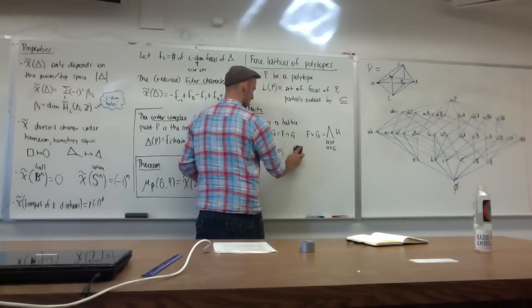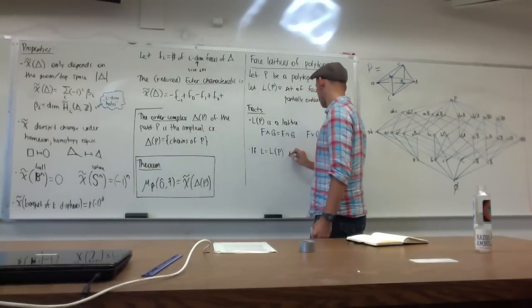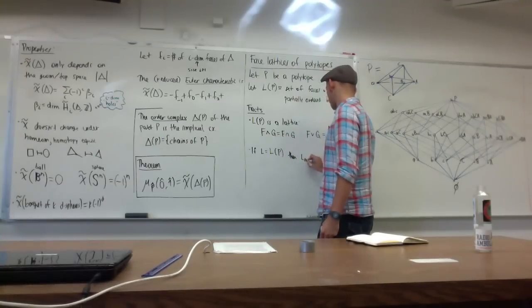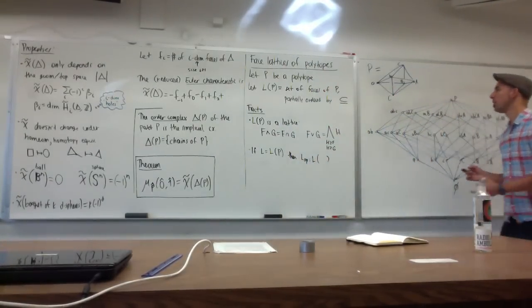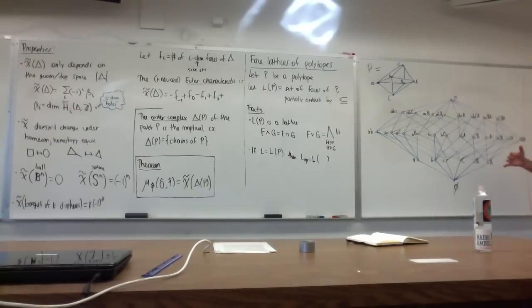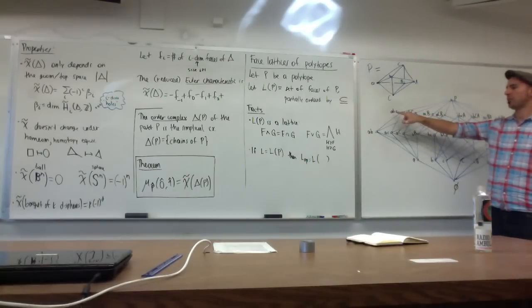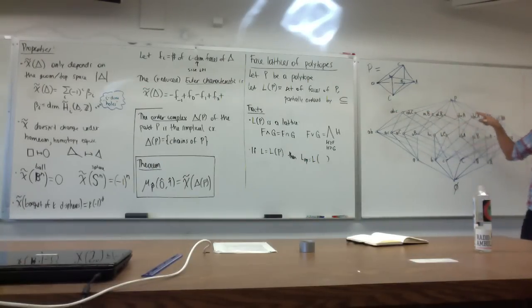It turns out that that's also the face lattice of a polytope. And what do you want? You want to have this upside down. So you want the polytope where the vertices correspond to the faces of this guy, to the maximum dimensional faces, and so on.